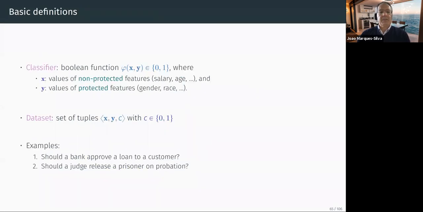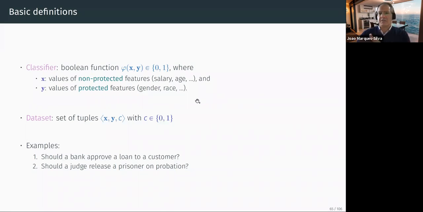Okay, so again, notice that here we are going to introduce a slightly different notation because we need to talk about different types of features. So we have the non-protected features, so features we are not interested in, so salary, age, car brand, and so on. And then we have the features that are protected, and those are the sensitive features.